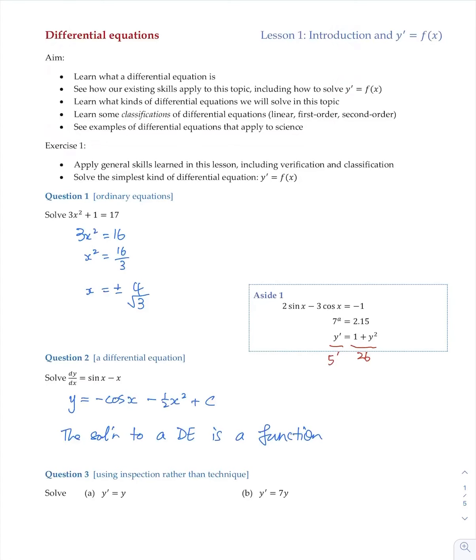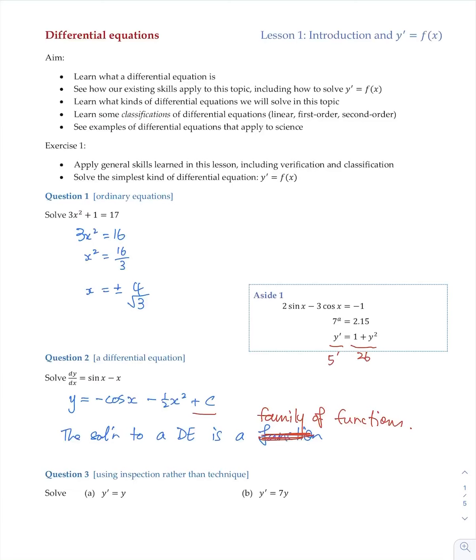Okay, and then I'm just going to cross that last bit out because, because of the plus c, the solution to a differential equation is a family of functions. All right, solution to a differential equation is a family of functions. Now, we are accustomed to them varying by a constant, but that is not always the case. So we have to be careful here.